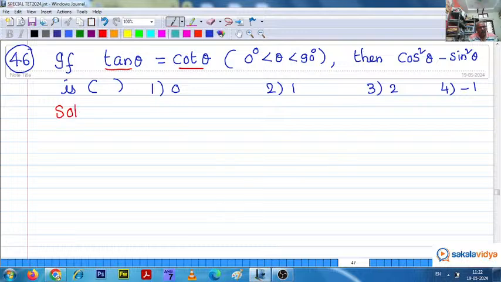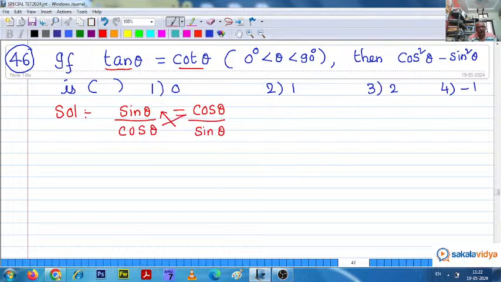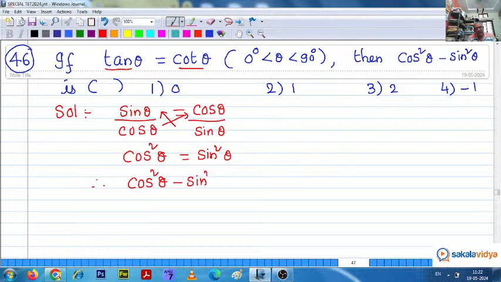So we can write tan theta is equal to sin theta by cos theta, and this is cos theta by sin theta. Cross multiply. So you get cos square theta equals sin square theta. Just transpose. Therefore cos square theta minus sin square theta equals 0. So the first option is the right option.